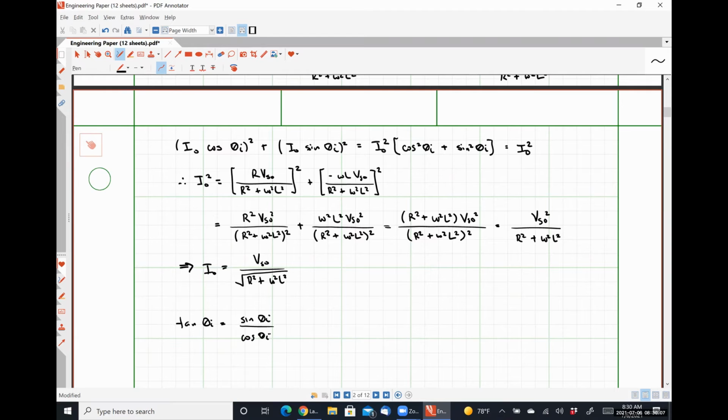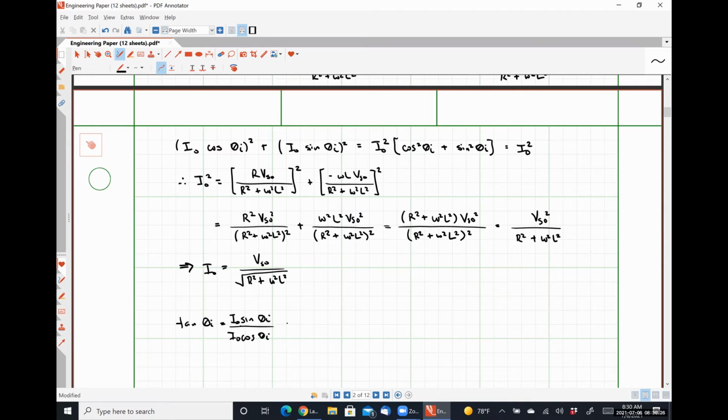Now we don't know technically the sine or the cosine. What we know is I naught times the sine and I naught times the cosine, but conveniently those I naughts cancel each other out, right?